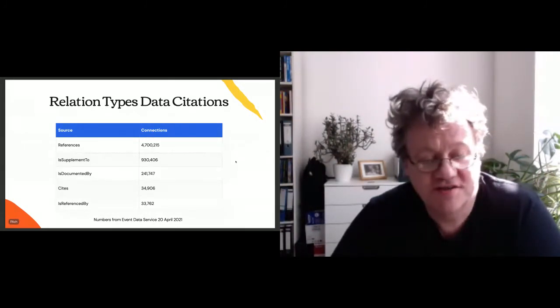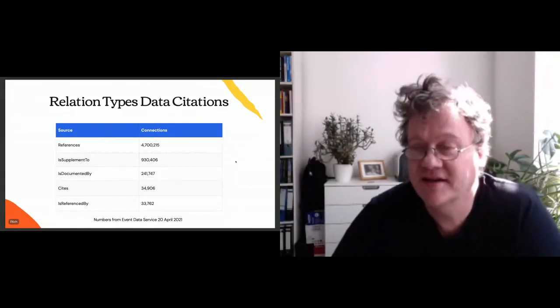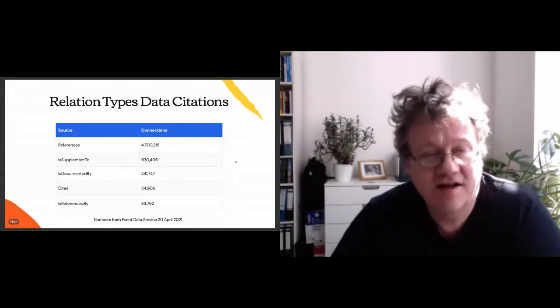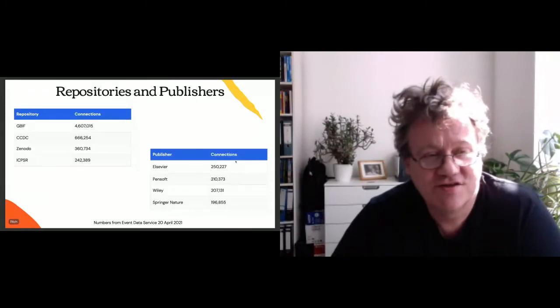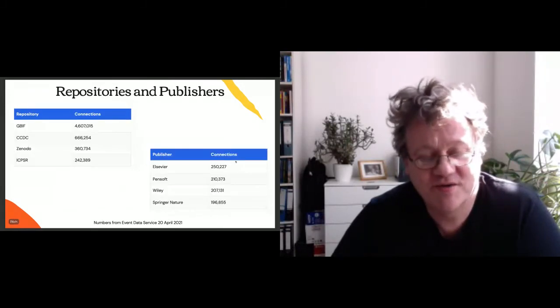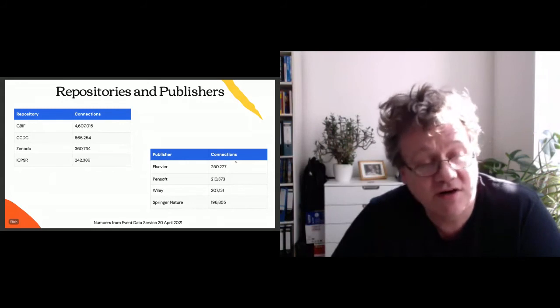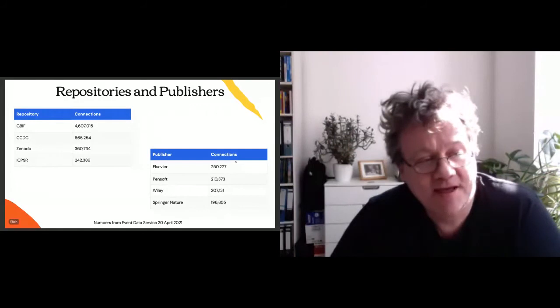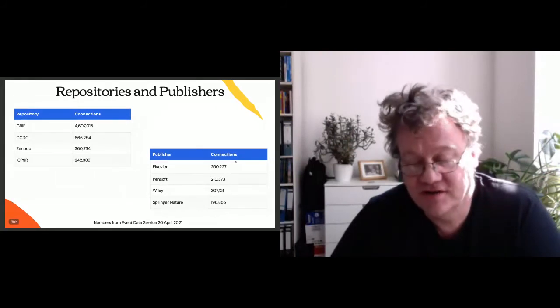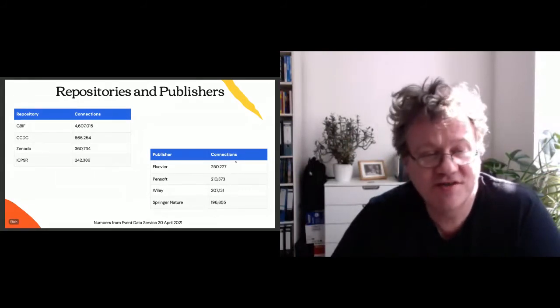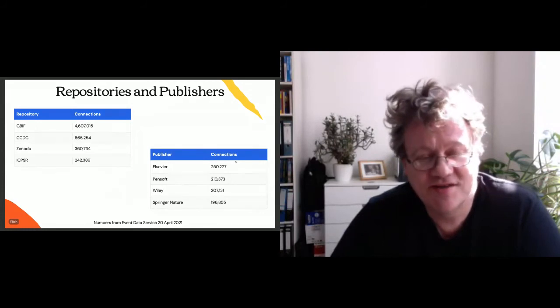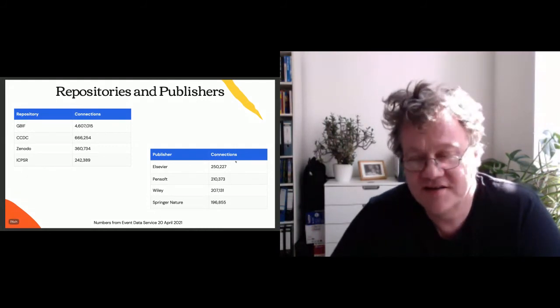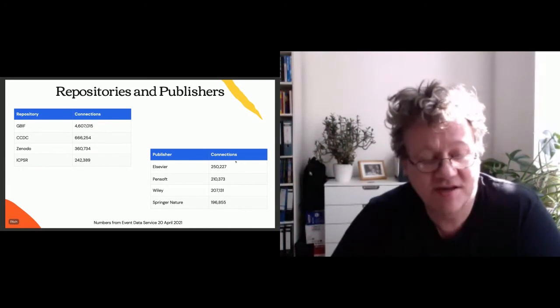And then what you also see is documented by, and when you go to the next slide, because I have to be quick, you see some repositories and Crossref members that have contributed a lot of links or were linked to in the case of Crossref also. And you see ICPSR, which is a data repository of the social sciences. I mention this because they, for data citation, use documented by, and they have been doing this for many years before there was Scholix. That explains why there's this one relation type in there.